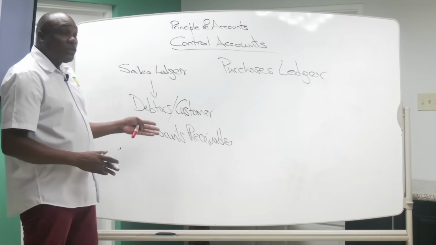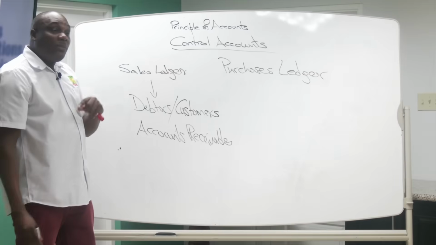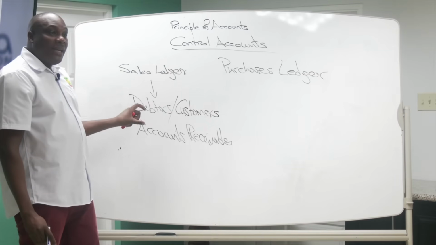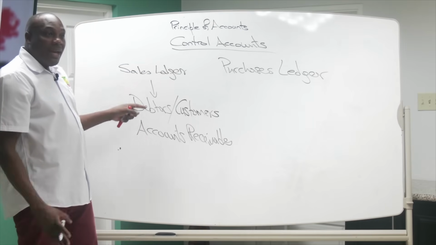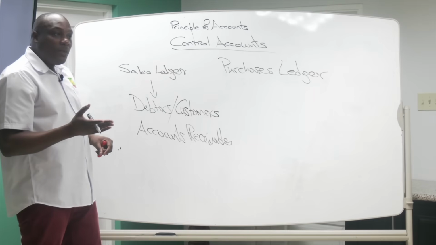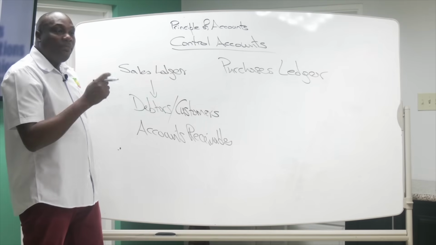So sometimes they will refer to customers, sometimes they will refer to accounts receivables, sometimes they will refer to debtors. And again, these individuals or entities are found in the sales ledger. Again, you will also know that a debtor is simply anybody or entity that owes the business.